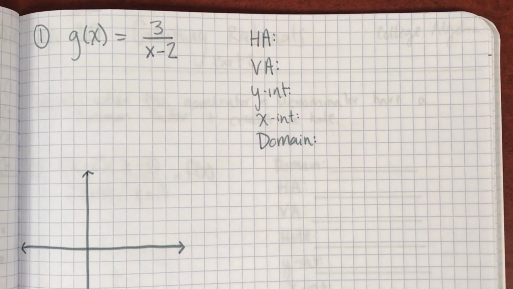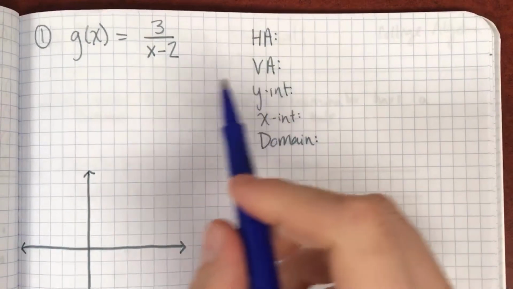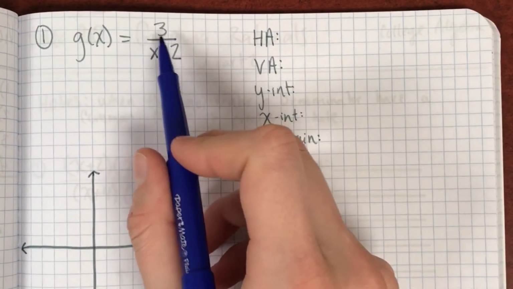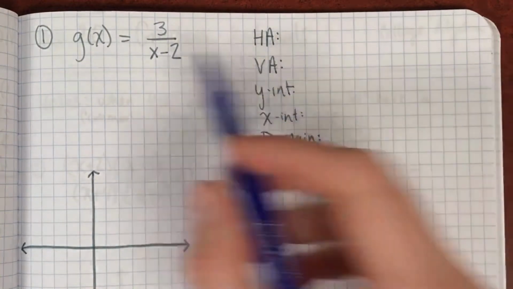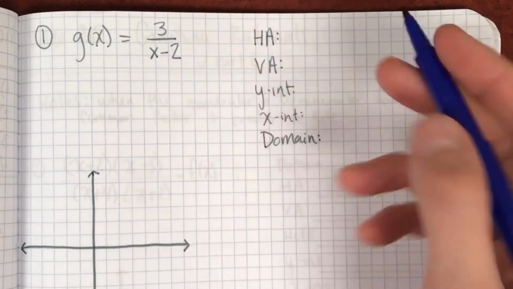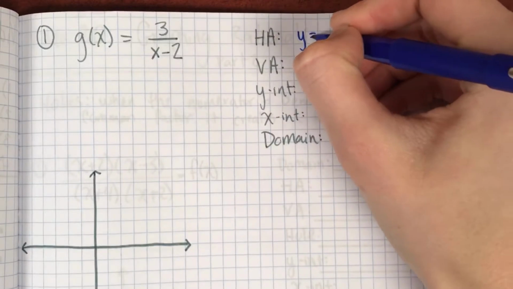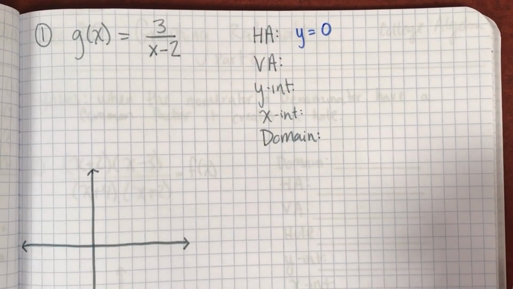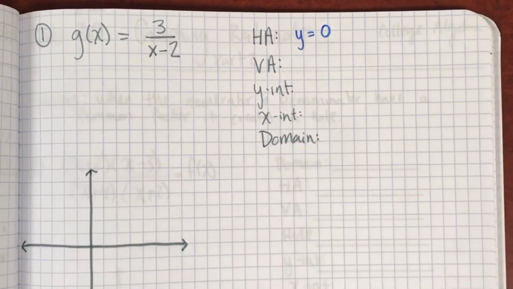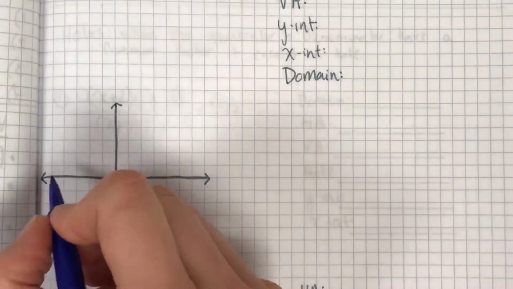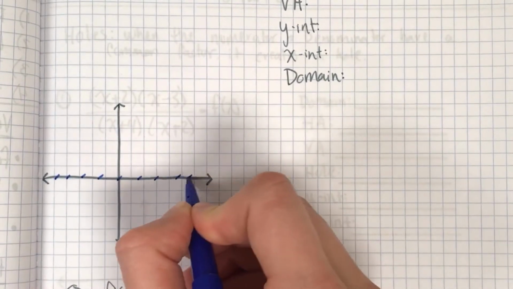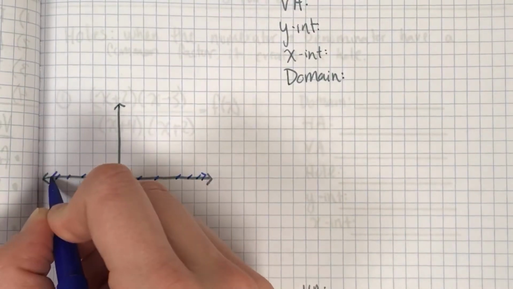All right, so first of all, let's look at our horizontal asymptotes. Our degree is bigger in the denominator than it is in the numerator. We don't have any variables in the top. So this horizontal asymptote would be y equals 0. Let's go ahead and graph that. Since it's y equals 0, I just put a little dashed line along our horizontal axis.